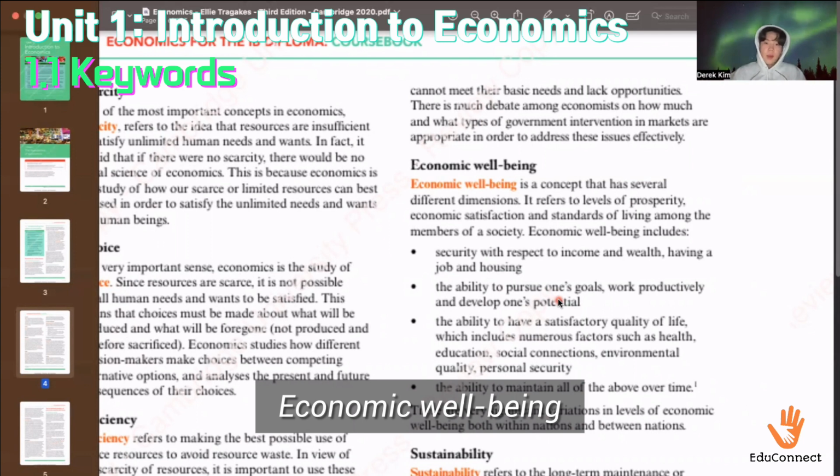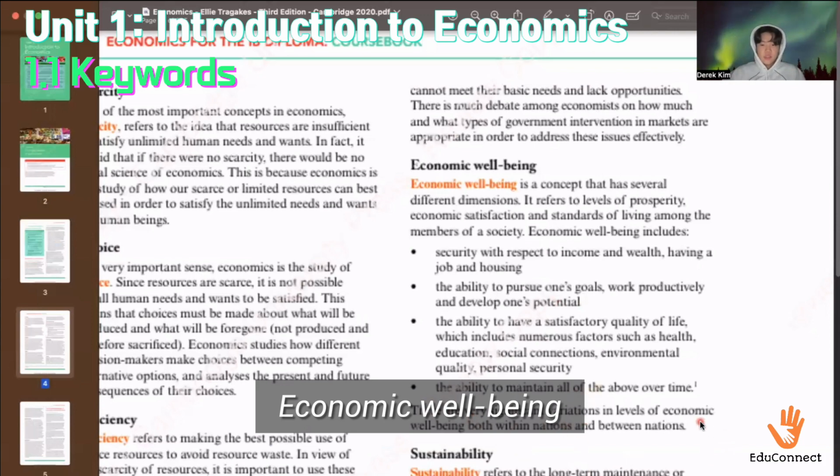Economic well-being includes security with respect to income and wealth, having a job and housing, the ability to pursue one's goals, work productively, and develop one's potential, the ability to have a satisfactory quality of life, which includes numerous factors such as health, education, social connections, environmental quality, personal security, etc., and the ability to maintain all of the above over time, which ensures consistency of the economic well-being of an individual.